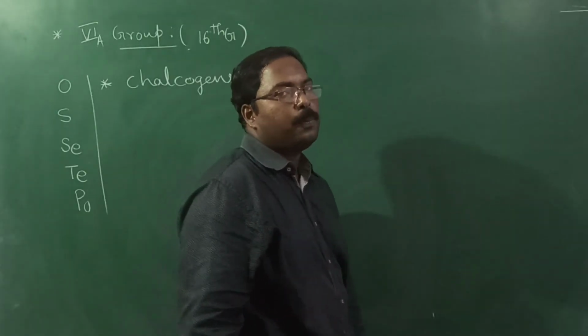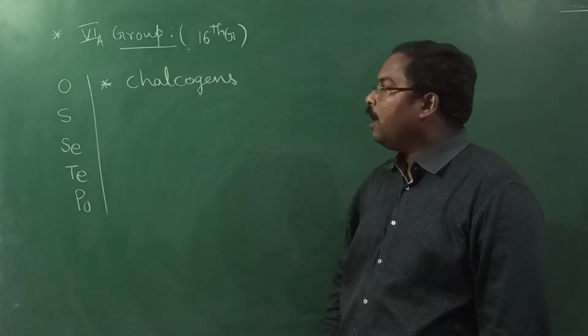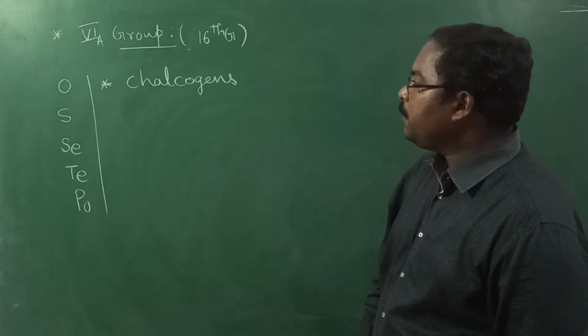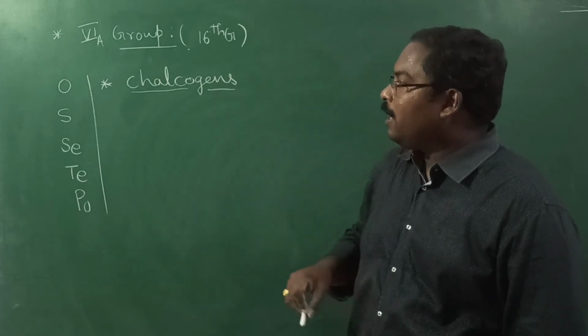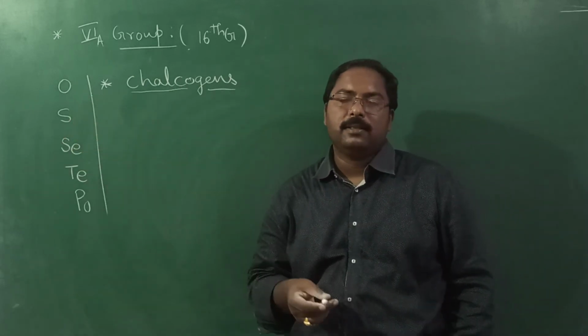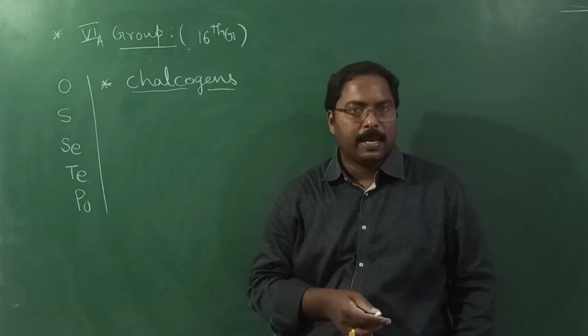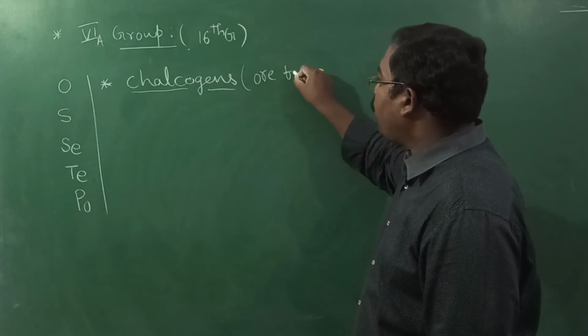Okay, these 16th group elements are also called chalcogens. Why are they called chalcogens, or what is the meaning of chalcogens? These group elements, mainly oxygen and sulfur, are ore formers. Okay, so chalcogen means ore formers.